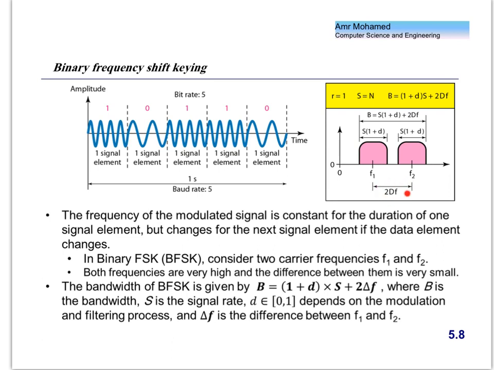And we separate that using what we call 2 delta F. So 2 delta F here separates the frequency that represents the 1 from the frequency that represents the 0.